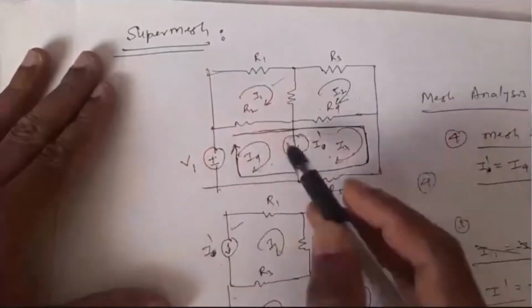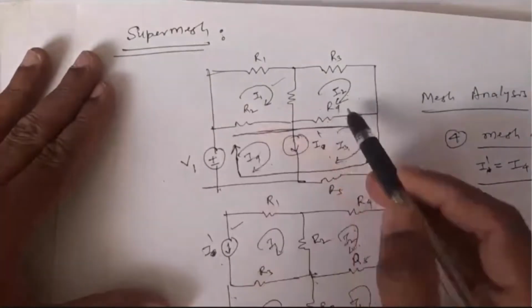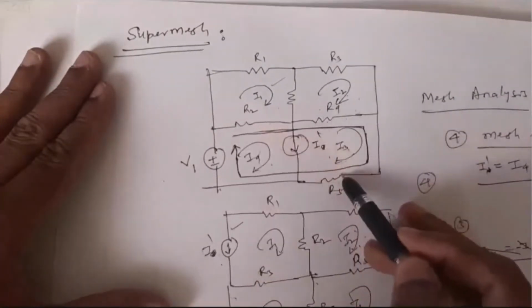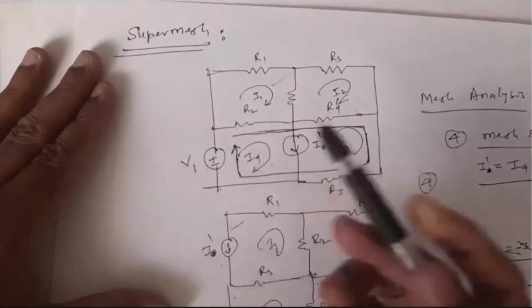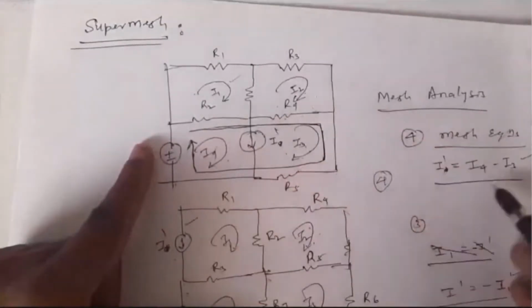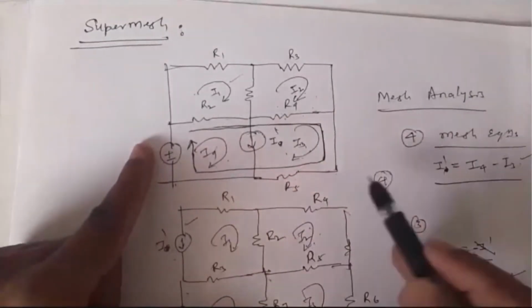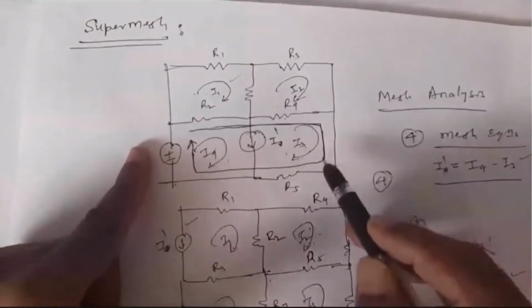There's no problem to apply KVL now, because here you have resistance into current, a voltage source, resistance into current, and here a voltage source. So obviously two mesh equations directly, one current equation, and one more super mesh equation. Four equations and four unknowns you can easily solve.